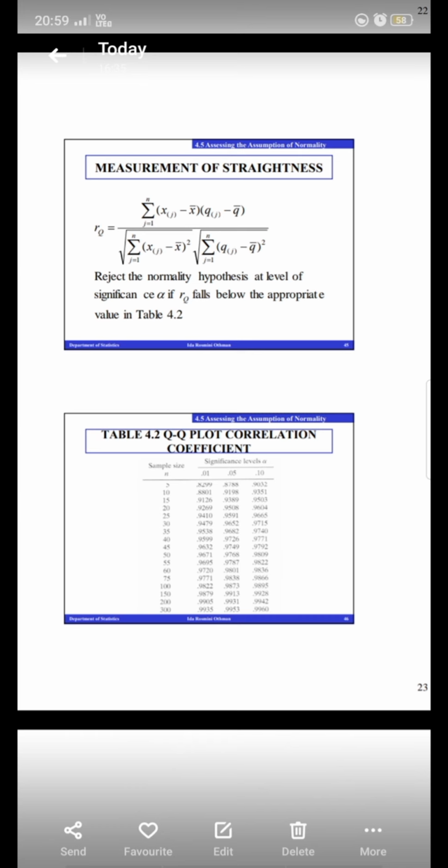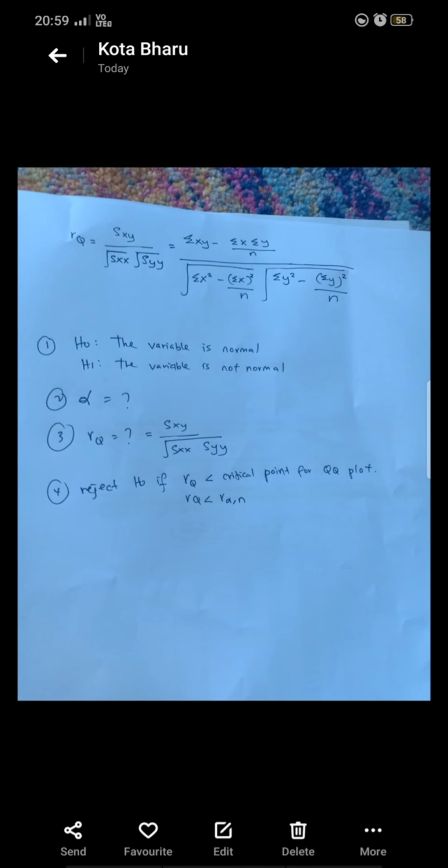You just using the knowledge from regression analysis. This is the one kan. It will be SXY, formula for correlation lah, SXY divide square root of SXX multiply square root of SYY. So kat sini we treat X sebagai X and Q sebagai Y.